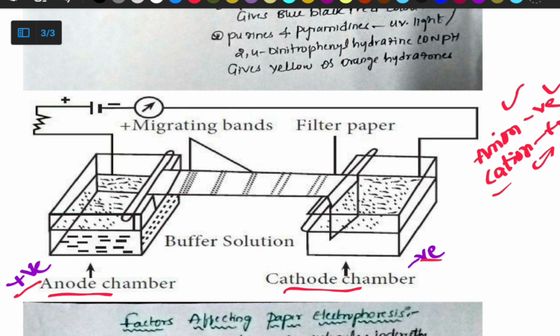The paper is pre-saturated with the buffer solution, the ends are placed in the electrode chambers, and the sample is placed right in the middle. Under an applied electric field, the sample moves towards the oppositely charged electrode. Anions will move towards the anode, and cations will move towards the cathode.